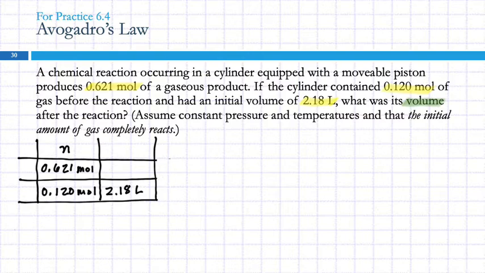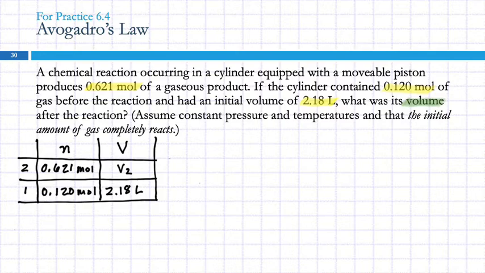And so that is volume. Now, some people would not be happy with calling 0.621 moles N1 because it happens second, right? You can solve the problem just fine if you do that, but just so nobody's not happy about that, we're going to call that row 2 and the other row 1. So then this is V2 that we're looking for.